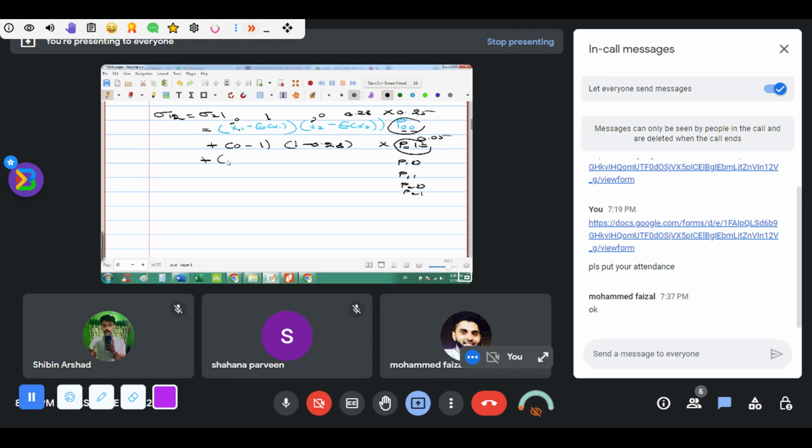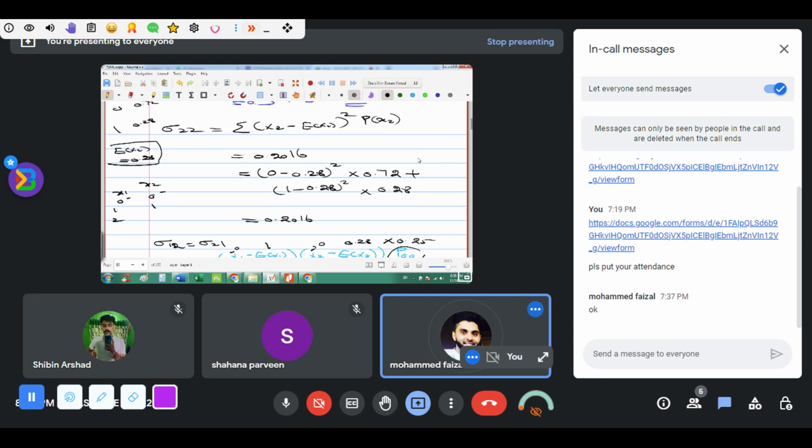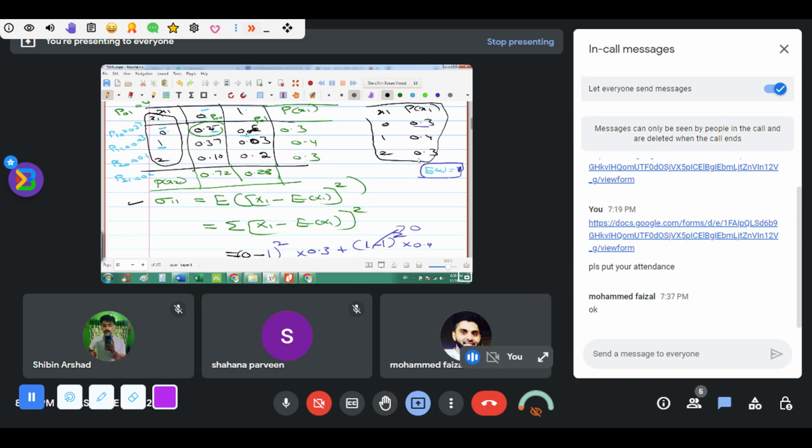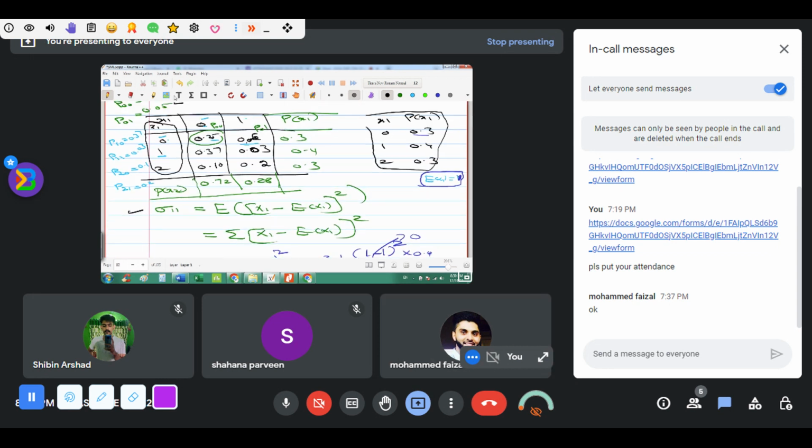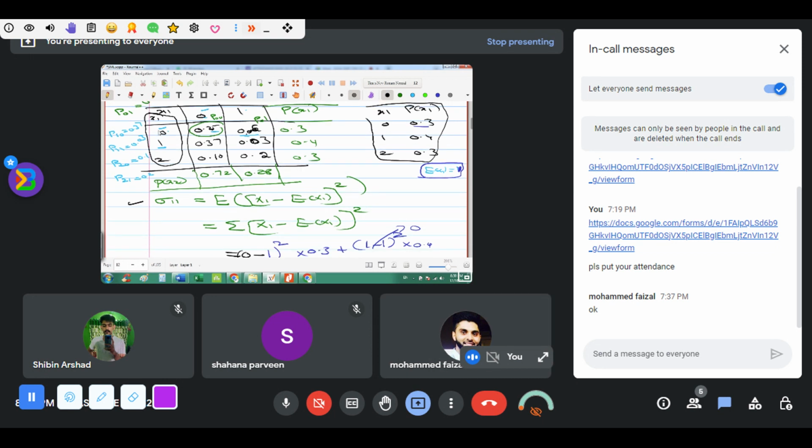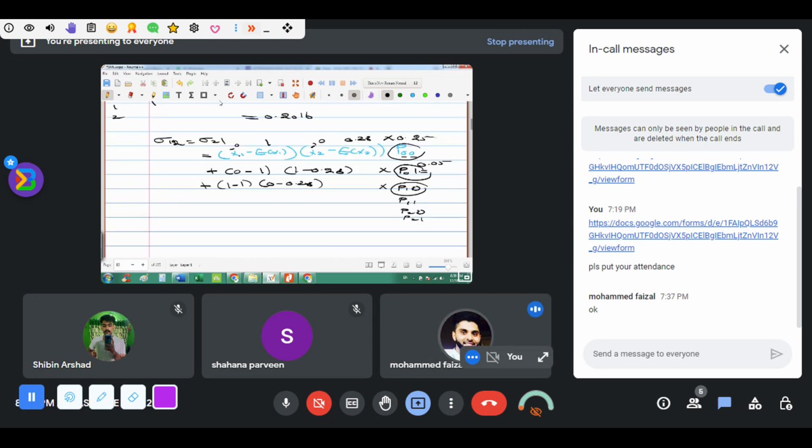Plus (1 minus 1) into (0 minus 0.28) into the probability of this one, 1 0. The probability is 0.37. Similarly, we can find the next one.